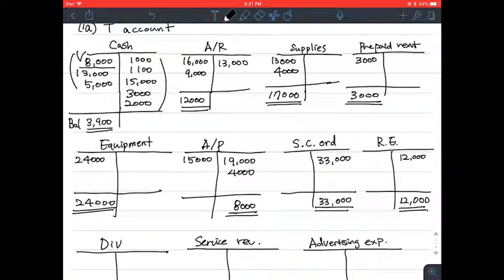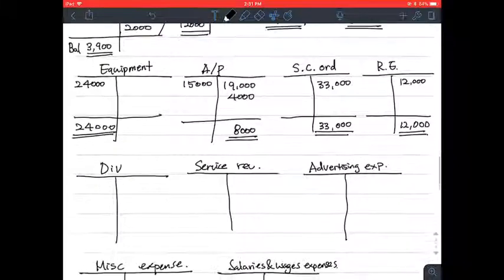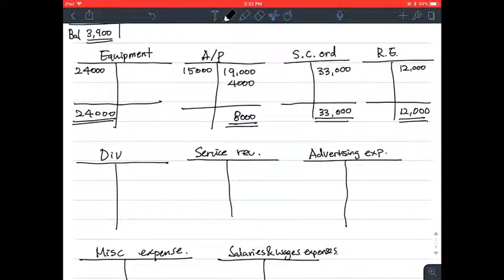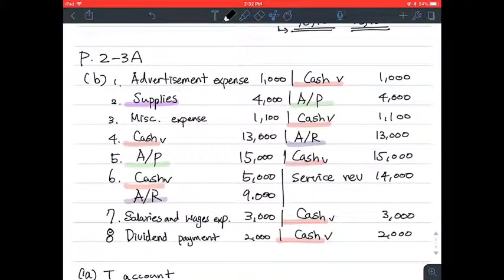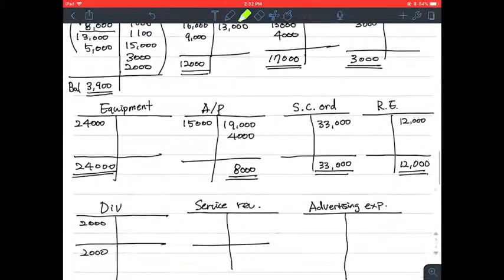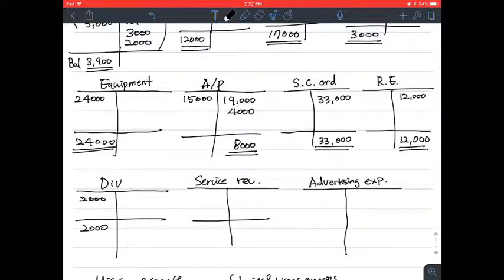Okay, let's move on. For your dividends, there was a $2,000 dividend payment. And for service revenue, $14,000 on the credit side.